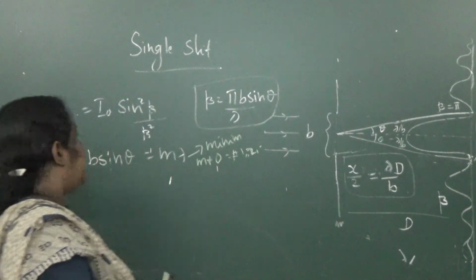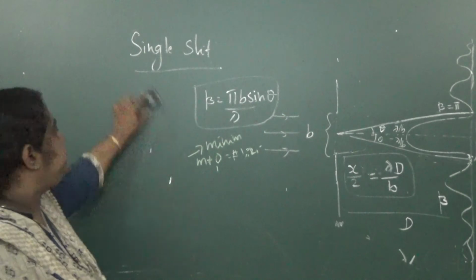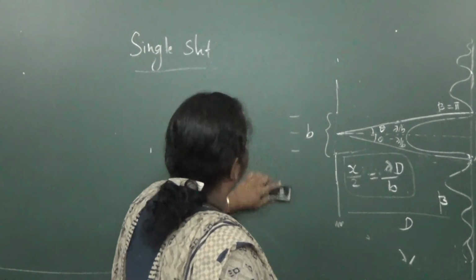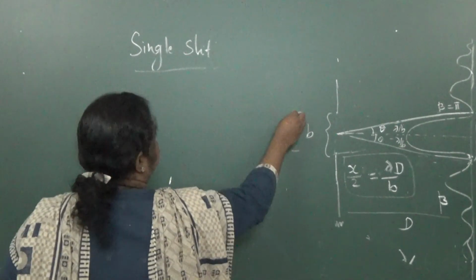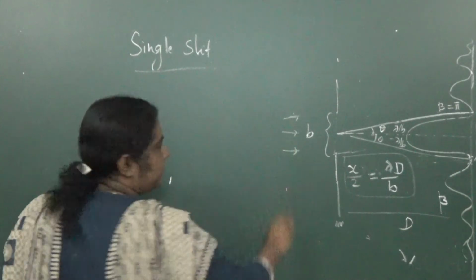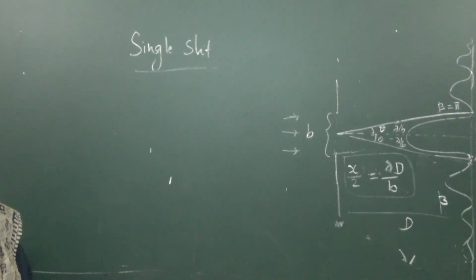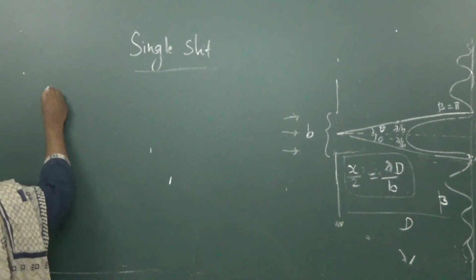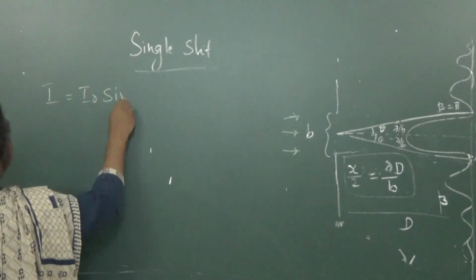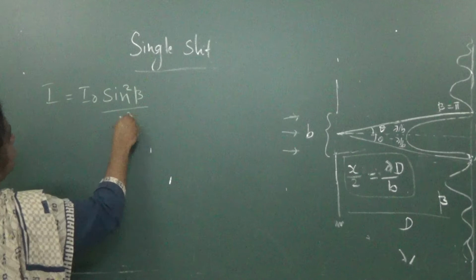Okay, now the condition for maximum, that is important. Now we have some function I is equal to I0 sin square beta by beta square.